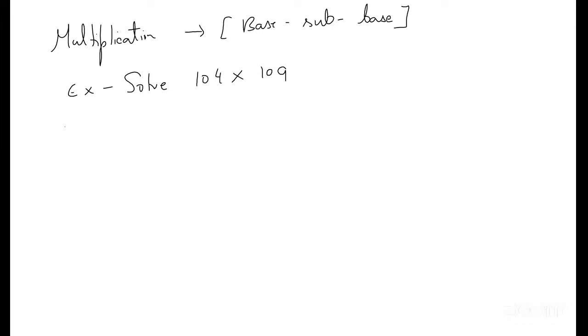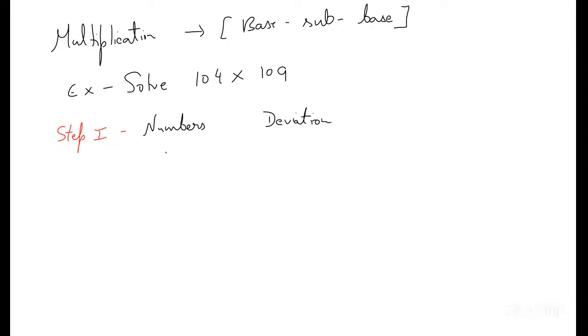For the first step, we will find out the deviation of the numbers. Here I will write numbers and here I will write the deviation. This is the format that we are using.